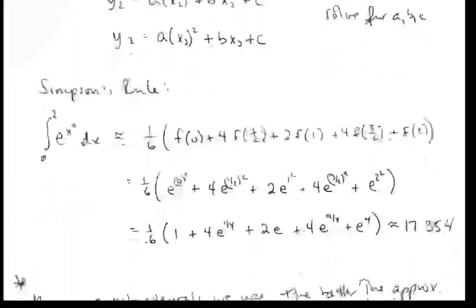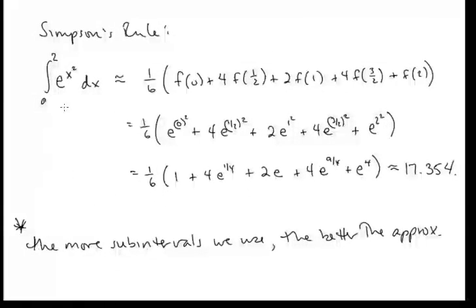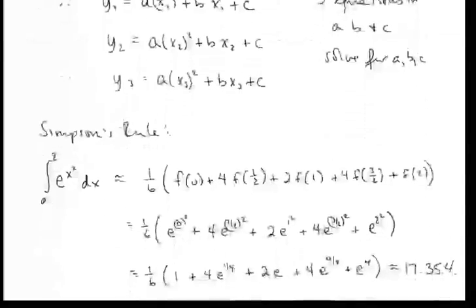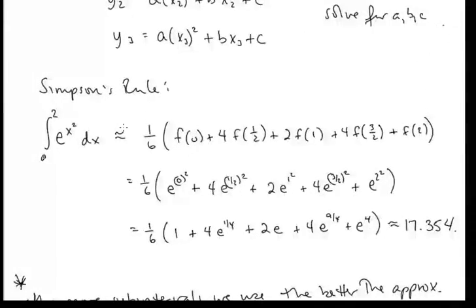So what does this look like for our integral? Same integral we're trying to approximate from 0 to 2, e to the x squared. So our formula says (b minus a) over 3n, which is 2 minus 0 over 3 times 4, 2/12 or 1/6.